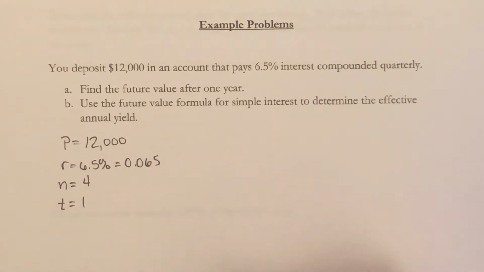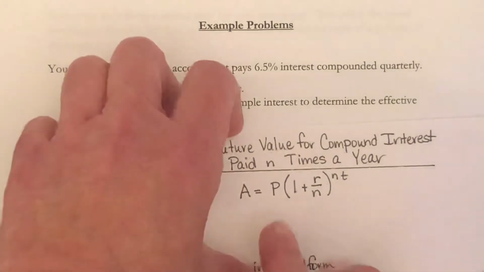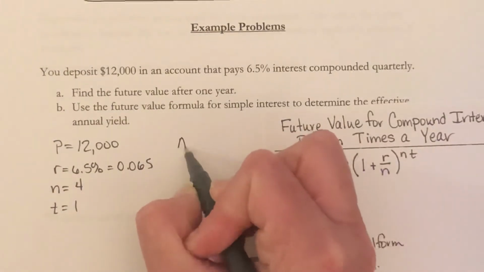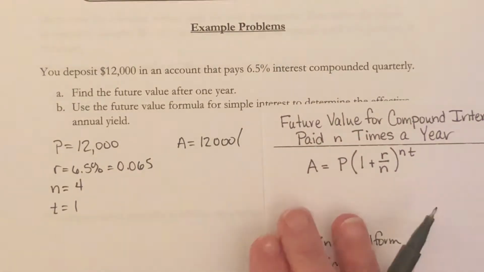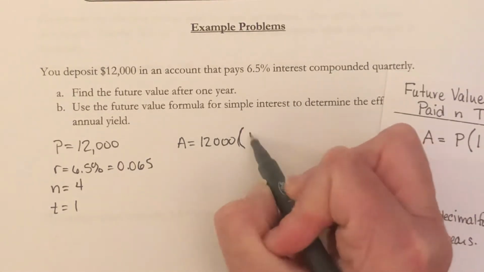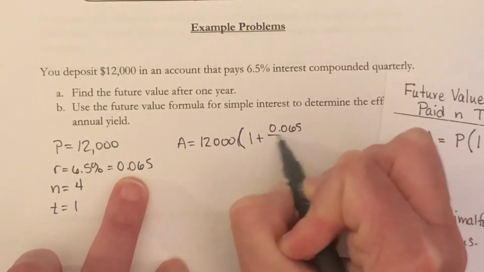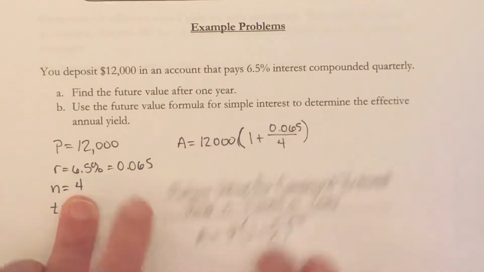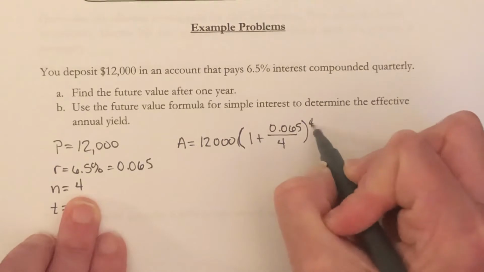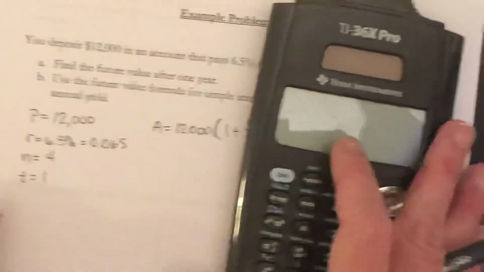So I'm going to find the accumulated value, which is this formula here. A is equal to the principal times 1 plus r over n, raised to the nt power. So this is going to be 4 times 1. This shouldn't be too difficult.